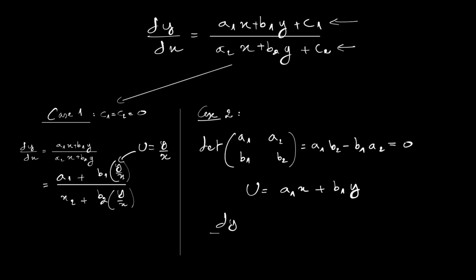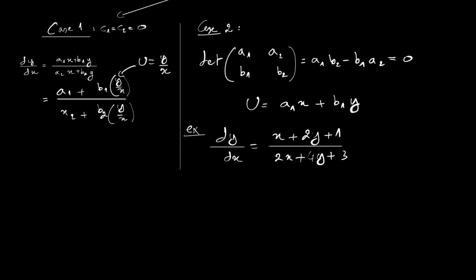If we have the equation dy over dx equals x plus 2y plus 1 over 2x plus 4y plus 3. Without calculating the determinant, we can write the equation like this to see that the two lines are parallel.